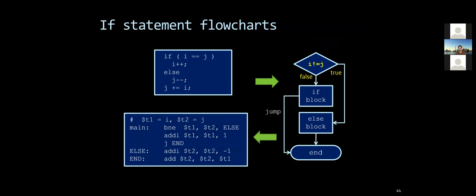So for example, this piece of code would be mapped to this thing. You had T1 equals i and T2 equals j as the temporary registers storing values i and j. Then you would need branch not equal instead of branch equal. So this is not converted to branch equal, it's converted to branch not equal for T1, T2.